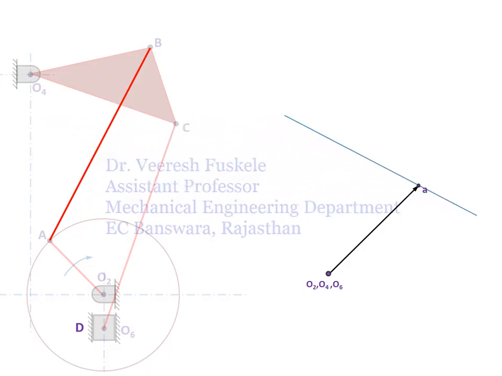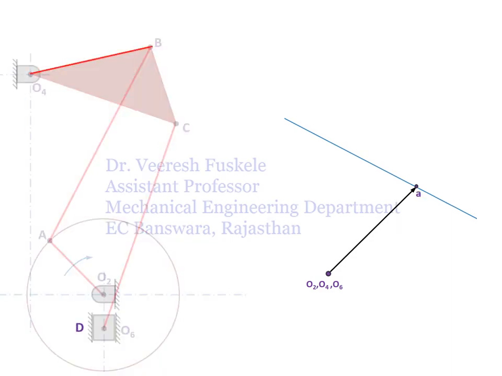As we don't know the magnitude of this velocity, we just draw a line which is perpendicular to the link AB. Now to get the point B, we can draw the velocity vector of link O4B from the point O4 in the velocity diagram.